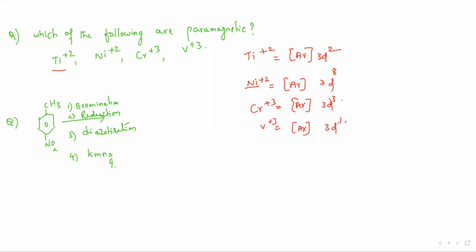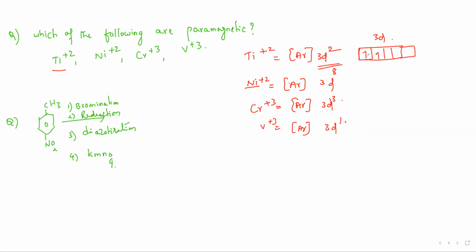So if you see here, you can see the electronic configuration according to Hund's rule. So we can write it. 3d2 means the electrons will be like this, 2 electrons in the 3d orbital.